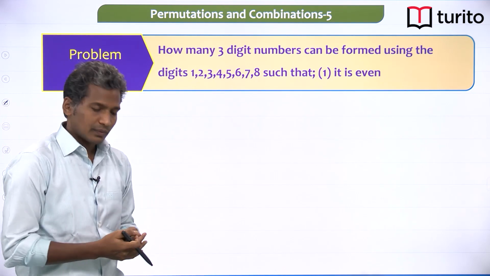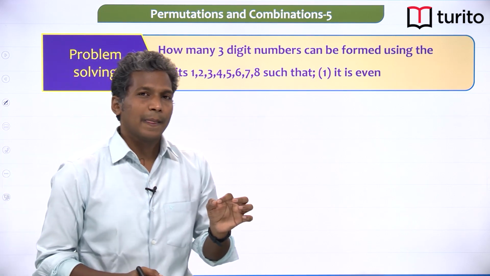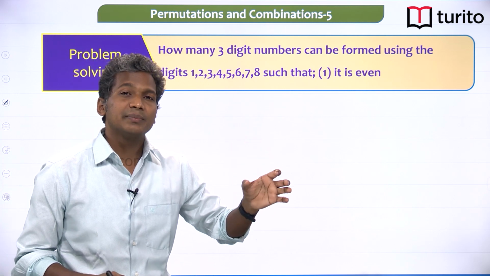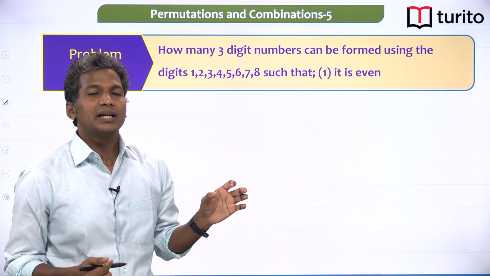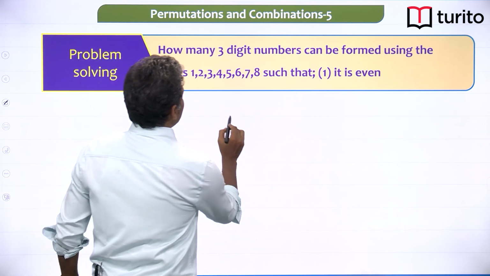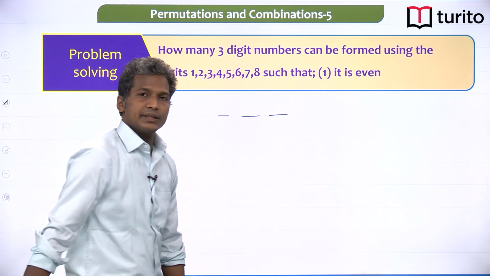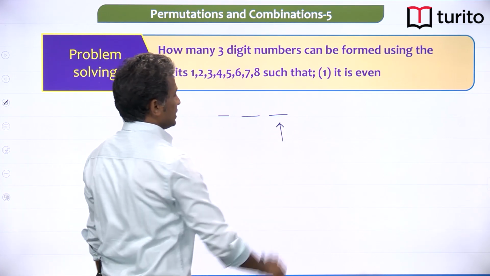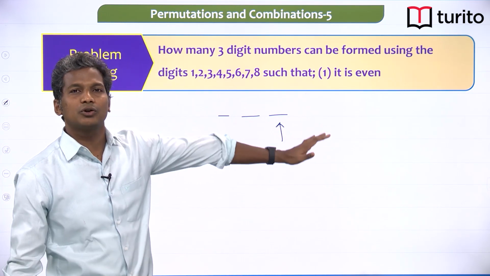Now, if the number is even, what is the condition on the number? The last digit must be an even digit, that is the divisibility rule of 2. So, out of these 3 locations, which location has a condition? The third location has a condition, so that becomes our top priority.